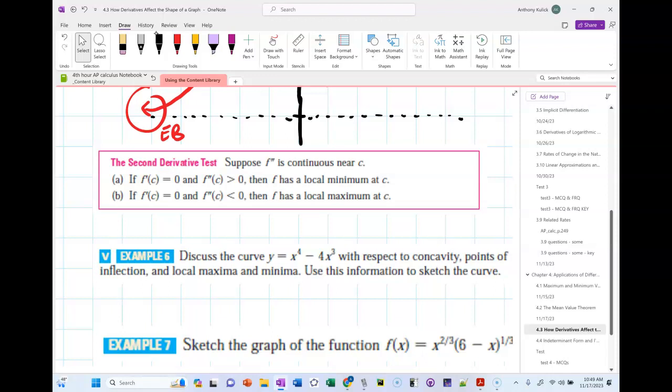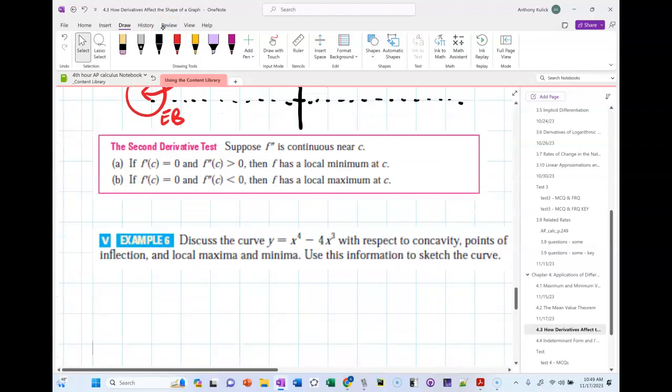And if the first derivative is 0 and the second derivative is negative, that means we have a maximum. Now that's the reverse of what your intuition would hope to say, right? Positive means minimum and negative means maximum. But we can deal with that.